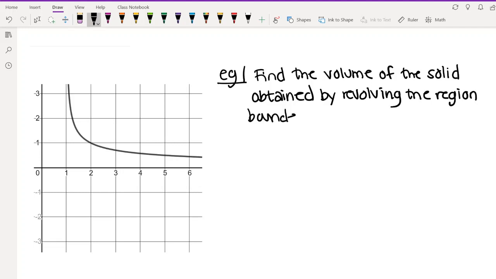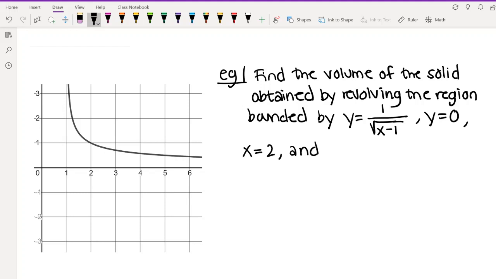I always wish there was a faster way to say this, but there just isn't. Bounded by y is equal to 1 over the square root of x minus 1, y is equal to 0, x is equal to 2, and x is equal to 4. And again, we're going to do that about the x-axis.